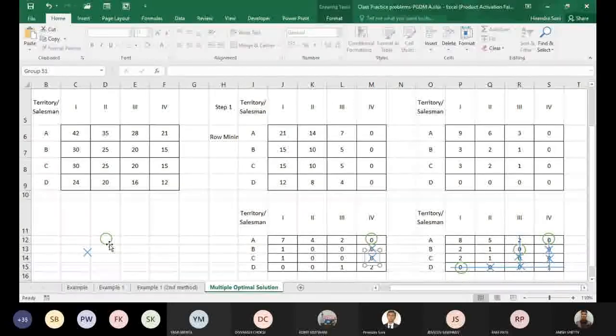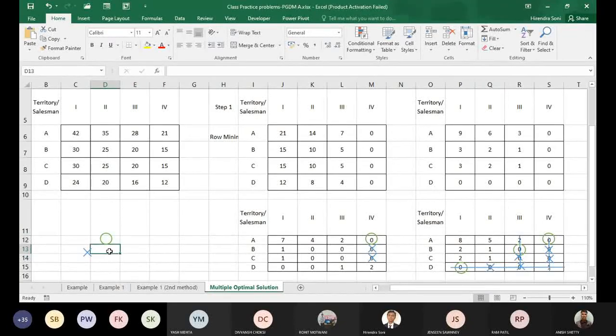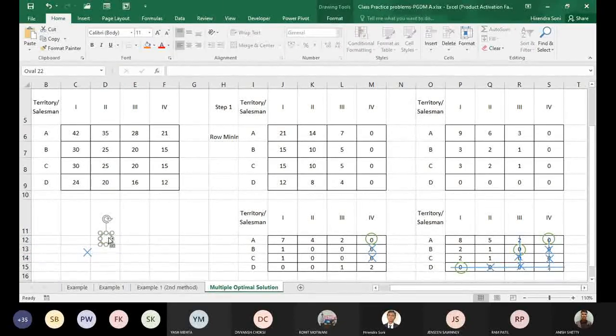First column I have a single 0, so I will make an allocation here. The minute I make an allocation there, all the zeros in that particular row will get cancelled.